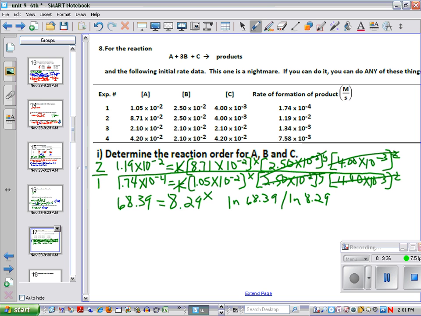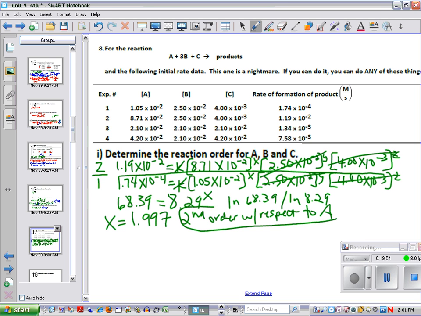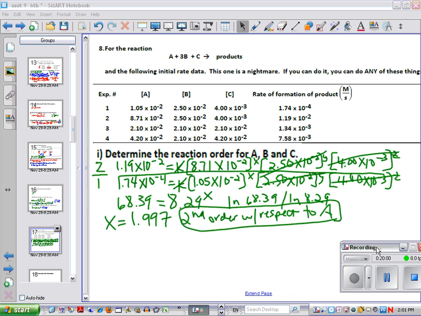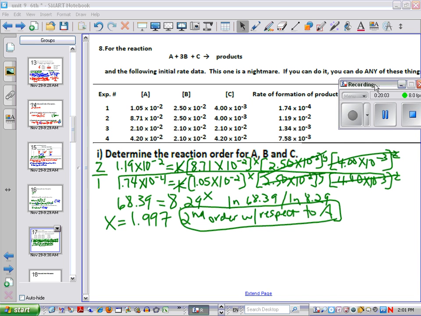When you get that, you end up getting an X equal to 1.997, which is pretty close to what? 2. So this is second order with respect to which one? With respect to A.